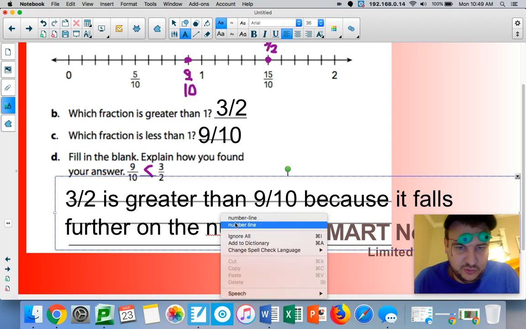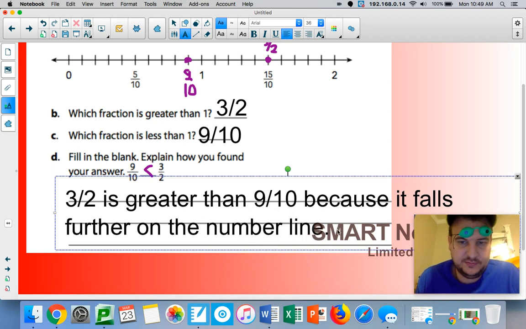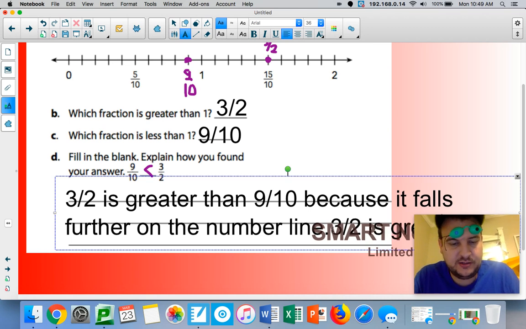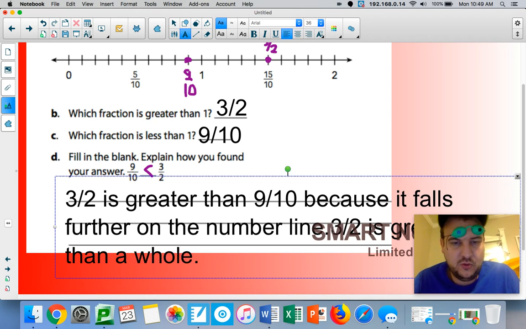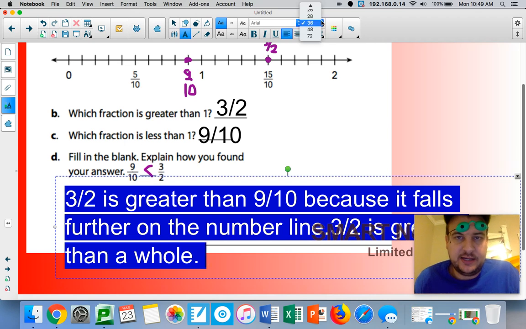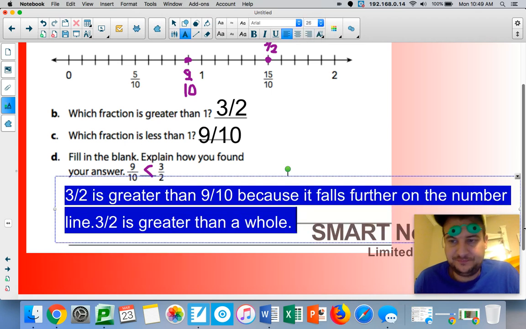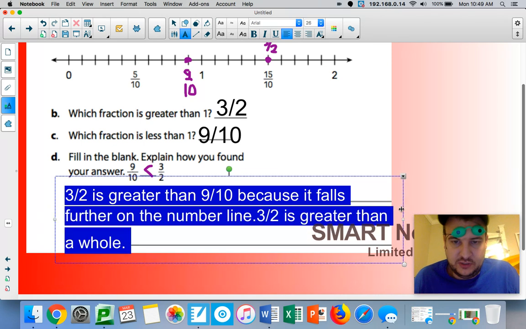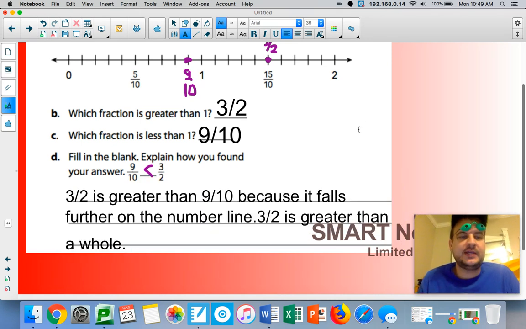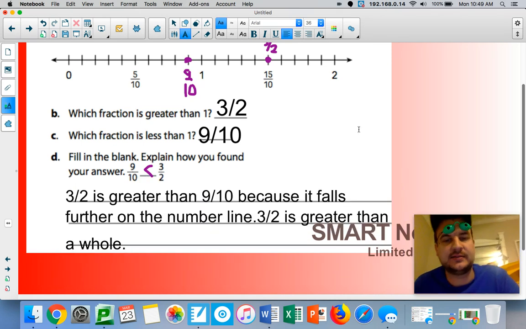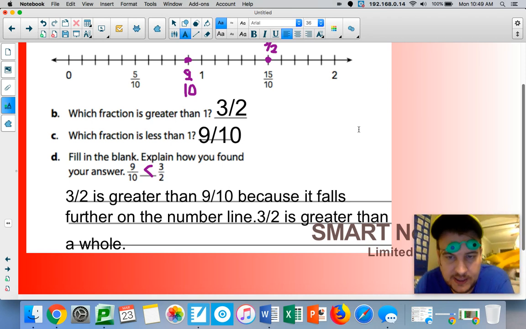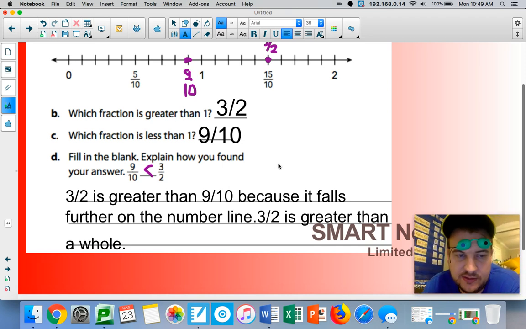You misspelled number line? Three halves is greater than a whole. All right, shrink it down. Shrink it down now, y'all. All right, so 3/2 is greater than 9/10 because it falls further on the number line. 3/2 is greater than a whole.